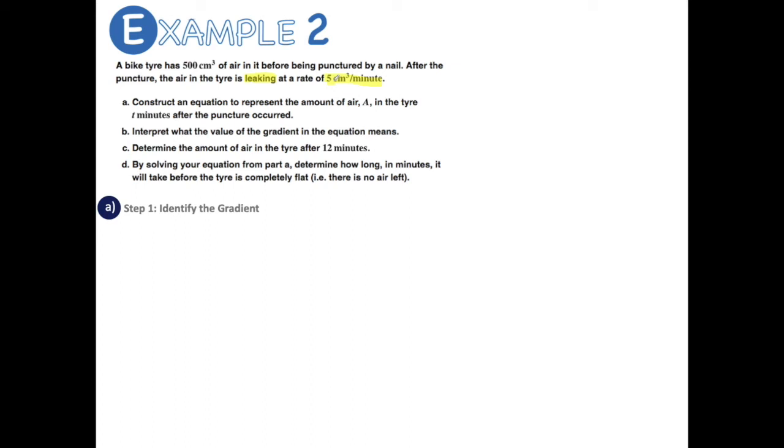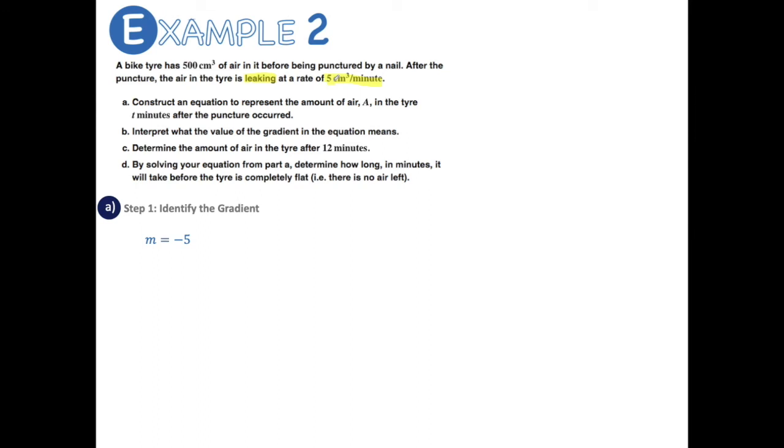After 1 minute, it's going to be 5 cubic centimeters leaked. After 2 minutes, it's going to be 10 cubic centimeters leaked. After 3 minutes, it's going to be 15 cubic centimeters leaked. So my constant rate is a leaking of 5 cubic centimeters per minute. So my gradient is going to be -5, and it's negative because it is leaking, so the amount of air is going down.